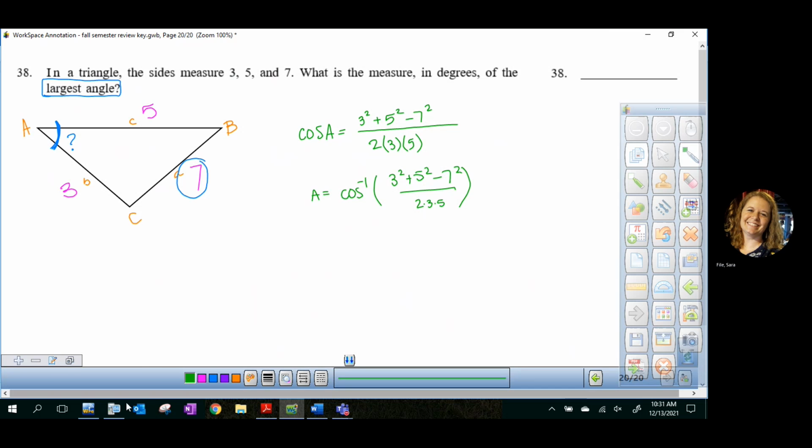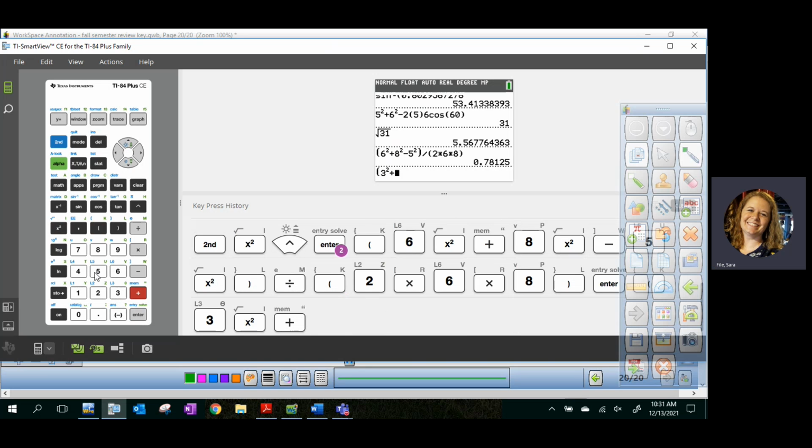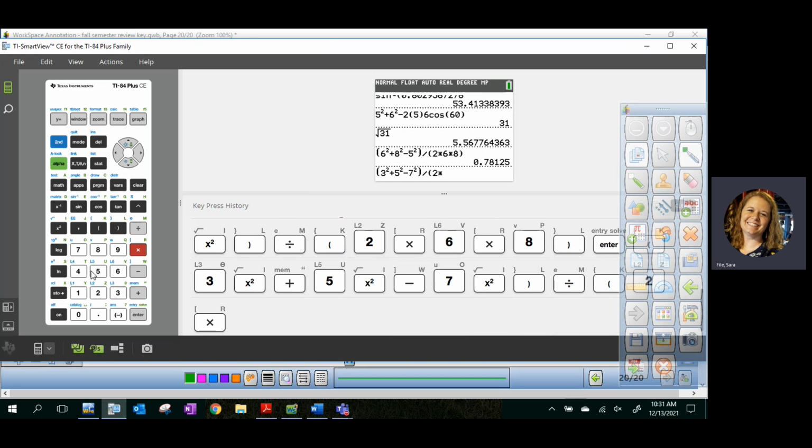Okay. 3, 5, and 7. 3 squared plus 5 squared minus 7 squared. Close that parenthesis. That's my numerator. Divided by new parenthesis. My denominator is 2 times 5 times 3. Ooh, I accidentally hit divided. That's going to mess us up. Let me fix that.